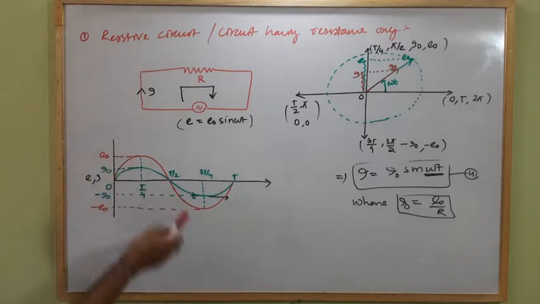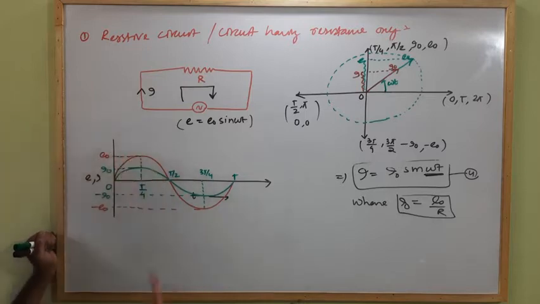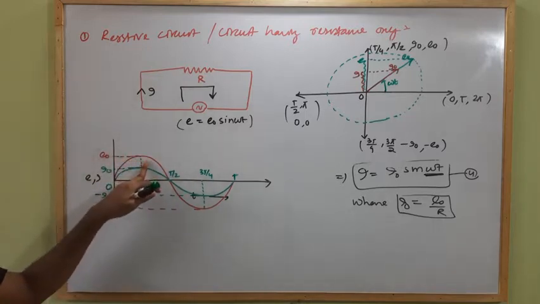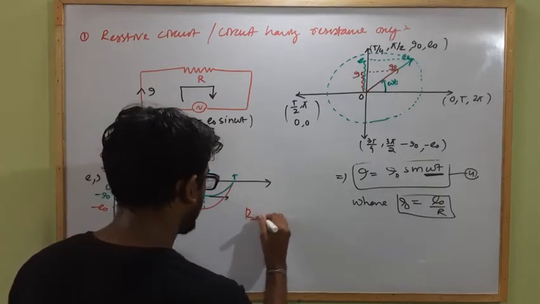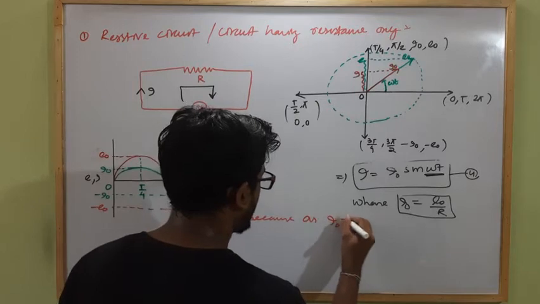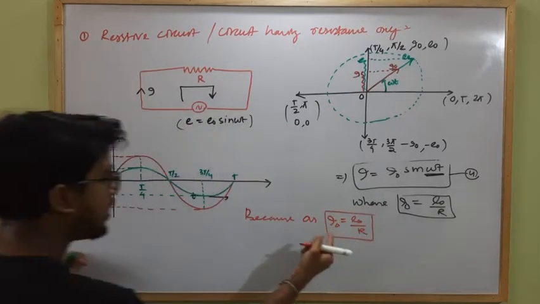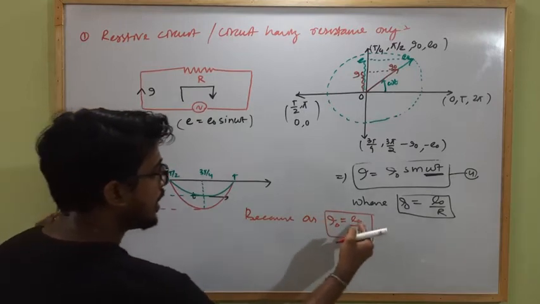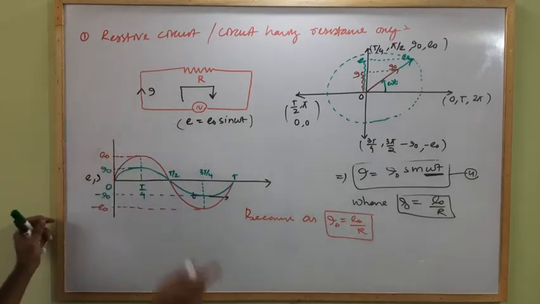Okay, both are in the same phase, but the amplitude or peak value of current is less than that of the peak value of EMF. Why? Because I naught equal to E naught by R, that's why the peak value of alternating current reduces R times with respect to the peak value of alternating EMF.